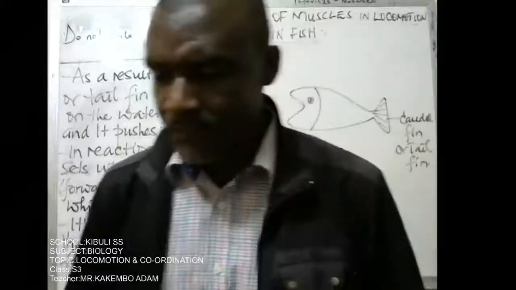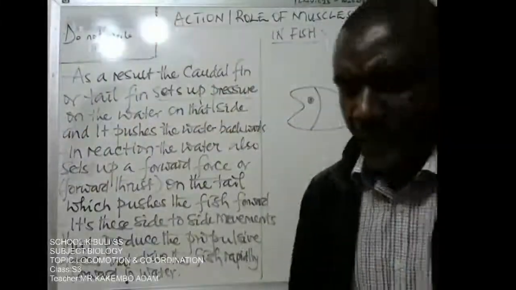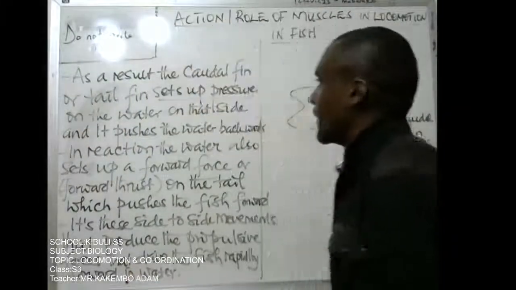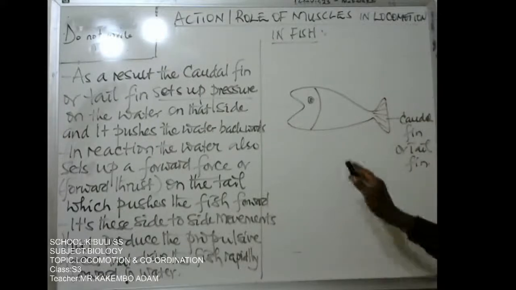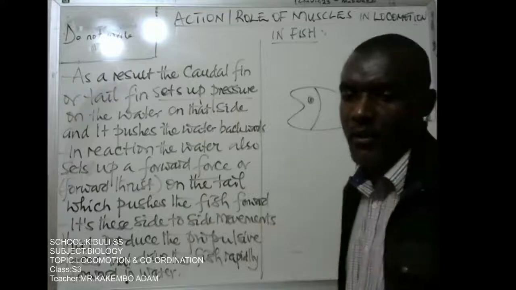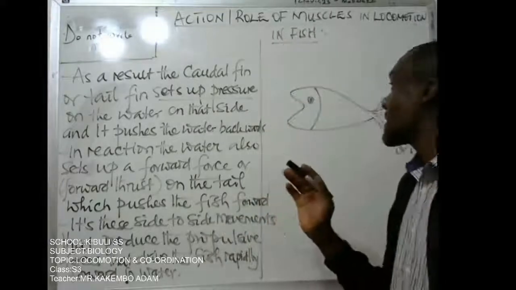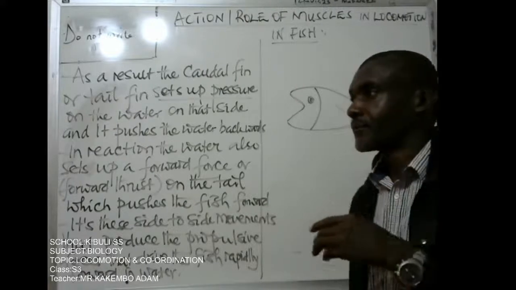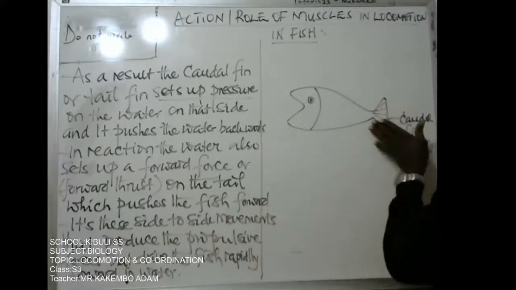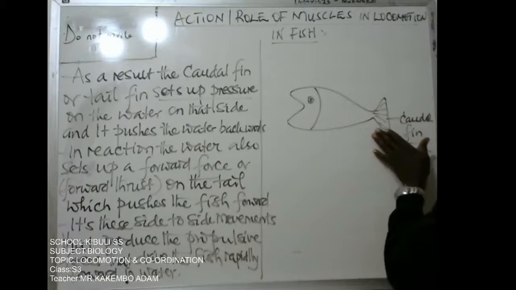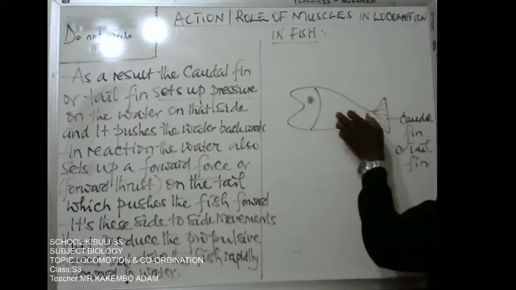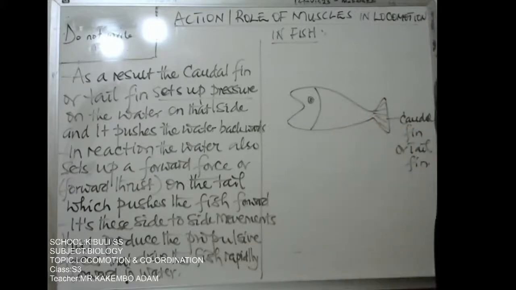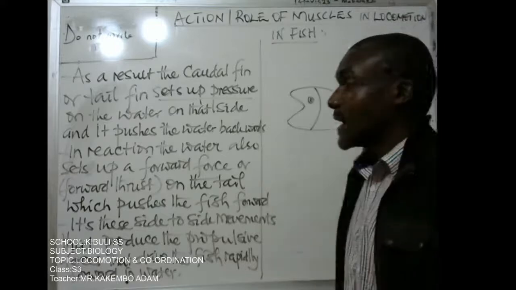So basically, that is how the skeletal muscles or body muscles of the fish, which we call the myotomes, bring about forward movement of the body of the fish when it is in water. It is the effect of the caudal fin and the block muscles, the myotomes, that work antagonistically.